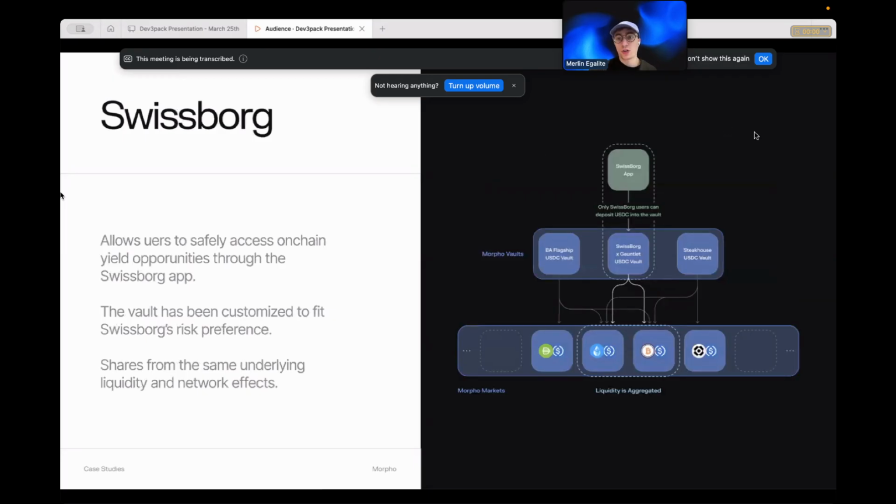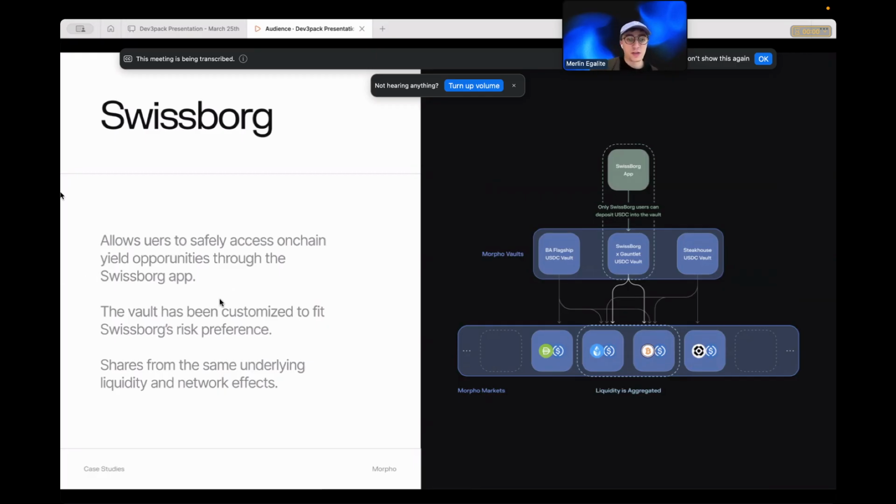Another integration, which is a bit similar to Coinbase, but this time not on the borrow side, but on the earn side. Swissborg is a crypto fintech providing a very nice mobile application where users can deposit assets, trade crypto, etc. And they wanted to provide an earn product that is directly connected to the DeFi space.